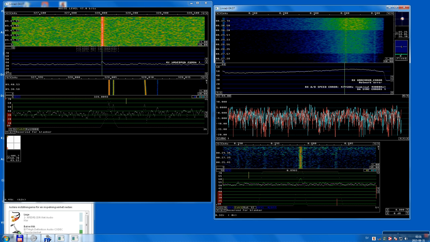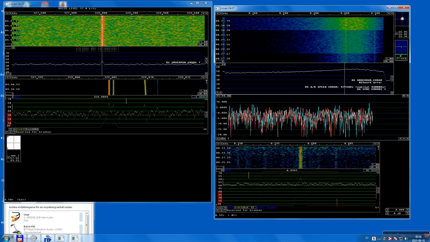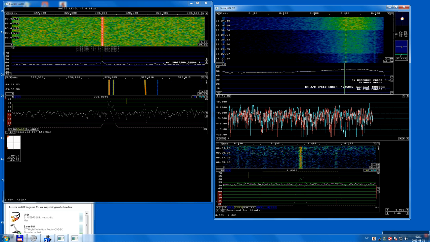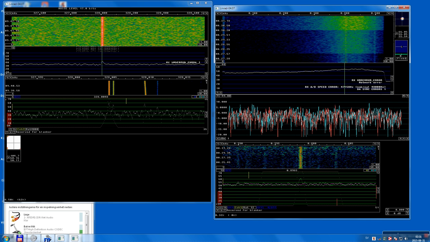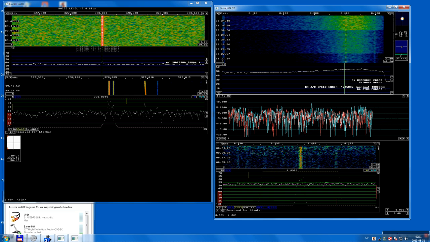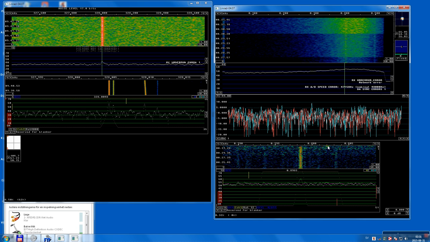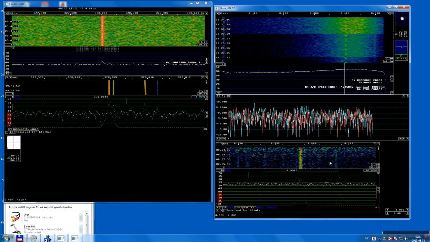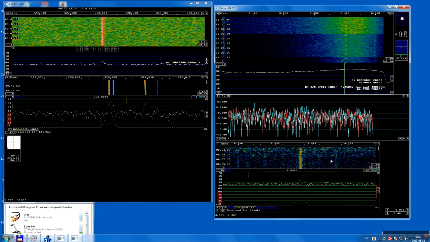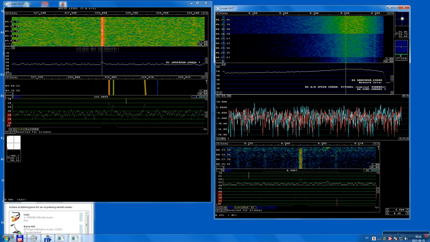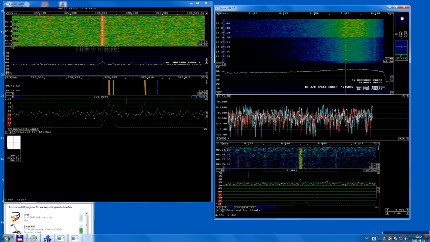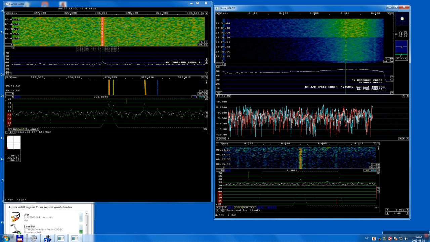Oops, and that shouldn't have clicked because that would move the center frequency. So I wait for a while. Look where the signal is. It comes here. It seems I have to wait a little bit. Yes, so I click on it. Could get it back into the center of the passband.